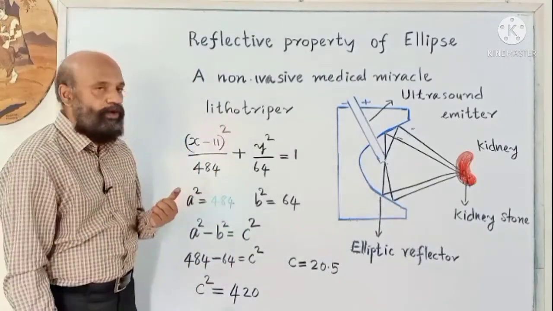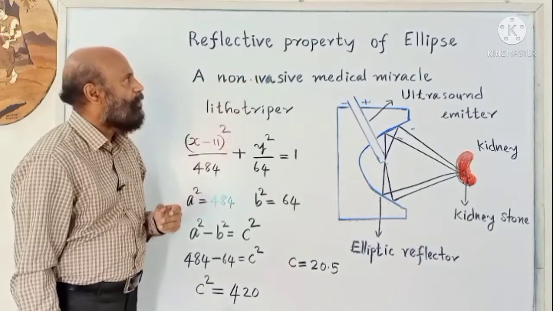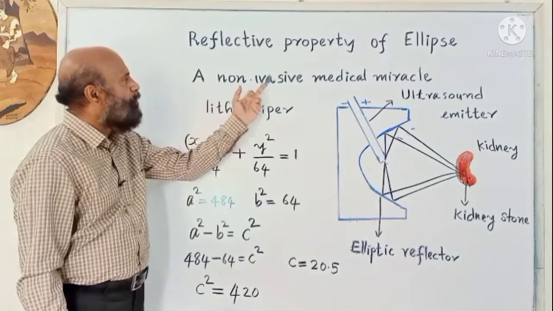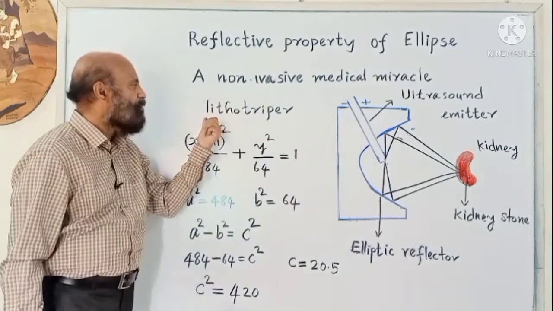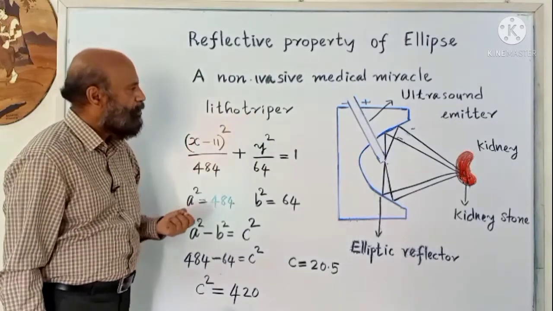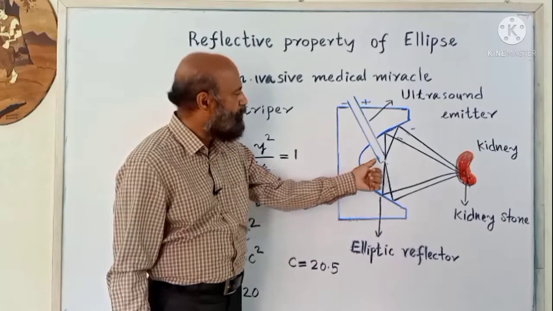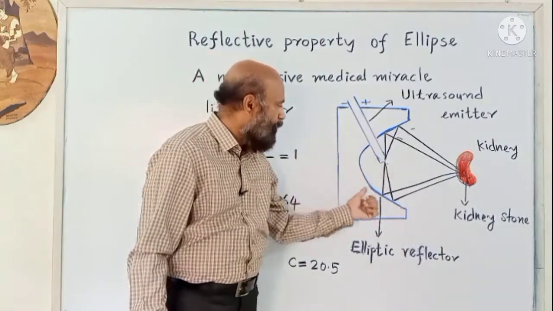Let us see one more application of the reflective property of an ellipse. A non-invasive medical miracle: lithotripsy. A source of high frequency sound is kept at the focus of an ellipse.